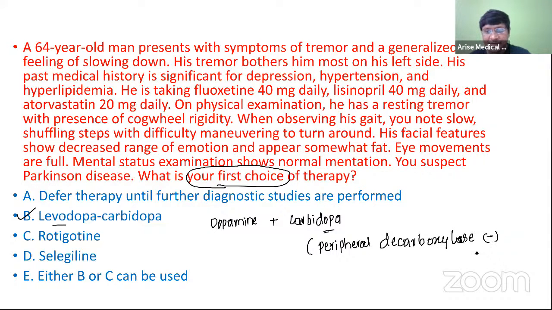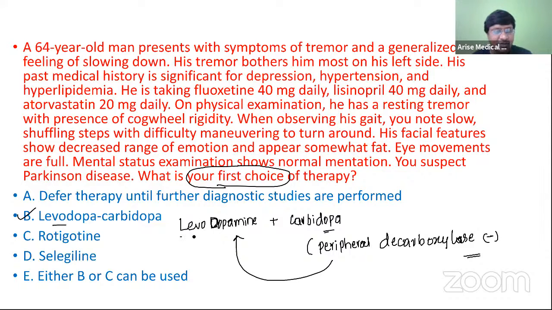Because it is a peripheral decarboxylase inhibitor, it will inhibit the decarboxylation of levodopa. Now, what will happen if peripheral decarboxylation occurs? Levodopa is converted into dopamine, and dopamine cannot cross the blood-brain barrier.